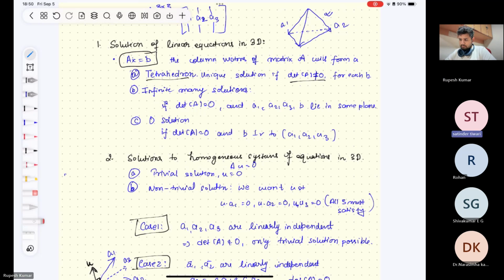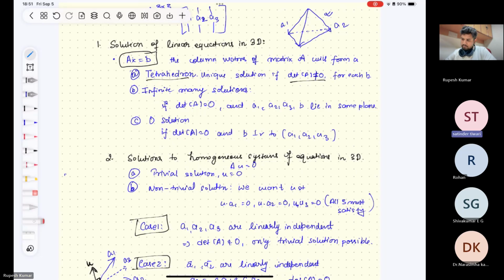I think we are not going to get infinite because AX equal to B, so we are not going to get the B vector. What is your question? I am not getting it, I think.